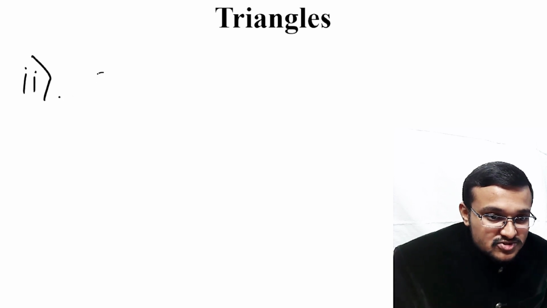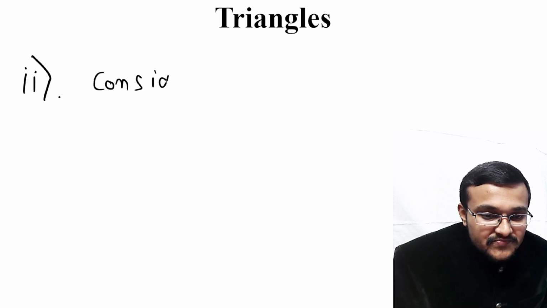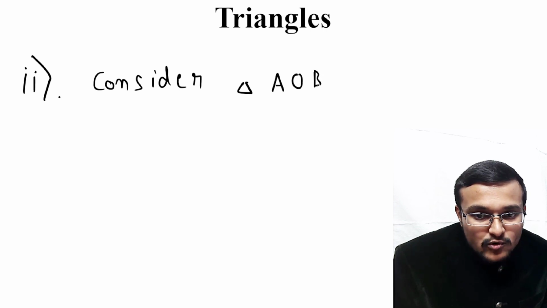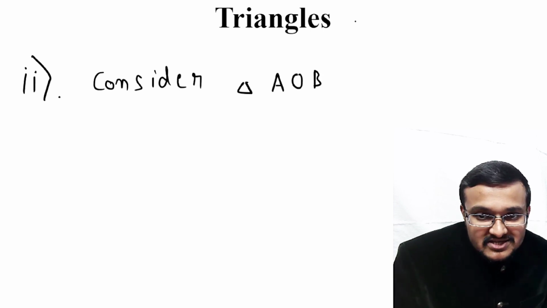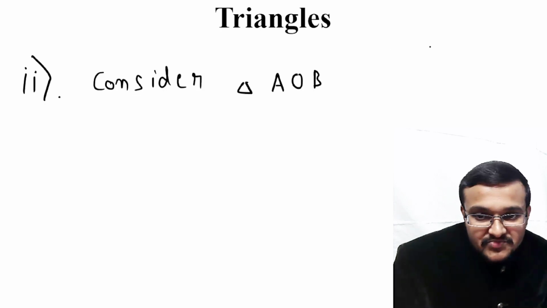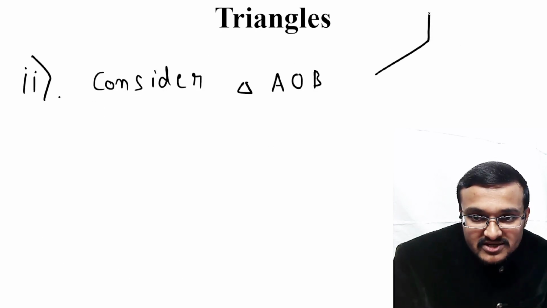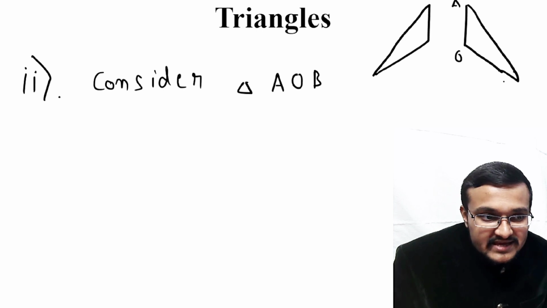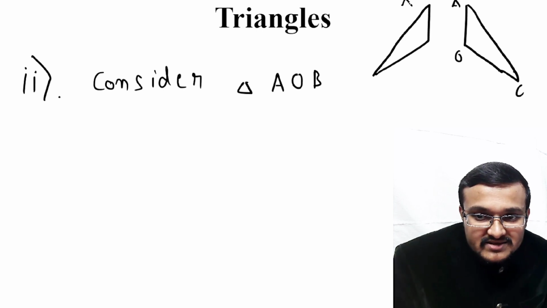I'll just write these triangles in a new slide. So we are considering these two triangles, one is AOC, the other is AOB.